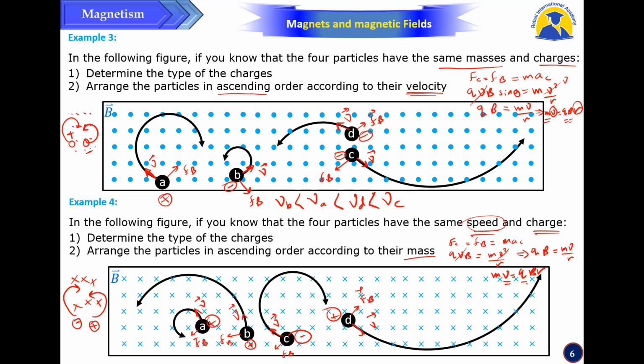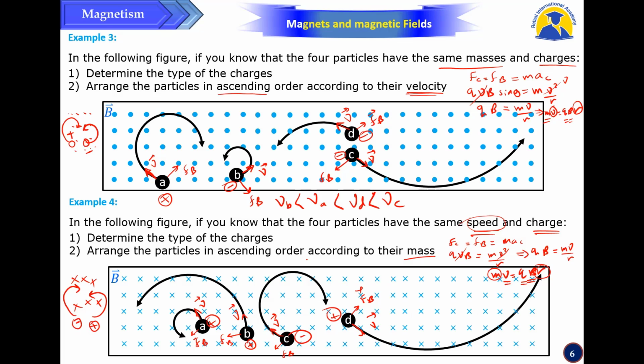Charge is the same also. The magnetic field strength is also the same. So here also the relation between mass and radius is directly proportional, which means if mass is increasing, the radius of the curvature is also increasing.